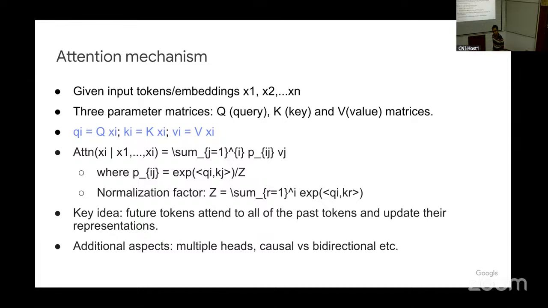Or no? It need not be maximum. I mean, we are using different matrices Q and K here, right? So even if you take Xi and Xi here, if Q and K were identity, then Xi would probably have maximum inner product with itself because both of them will be aligned. But because you have a Q matrix multiplying Xi and then a K matrix multiplying this, even for the same Xi, K could rotate in a different way compared to Q. So it's not required that they have maximum inner product.